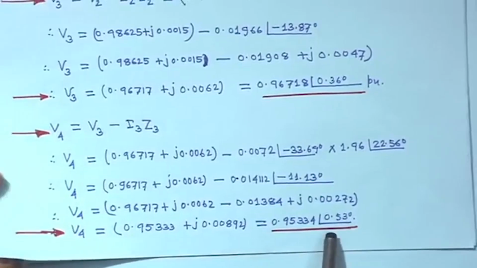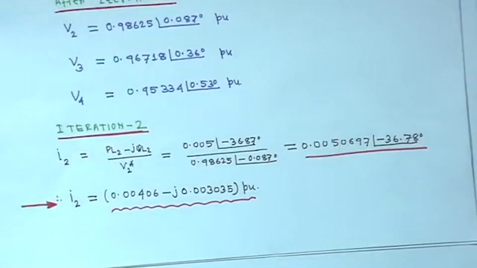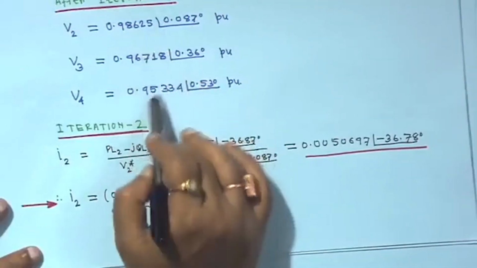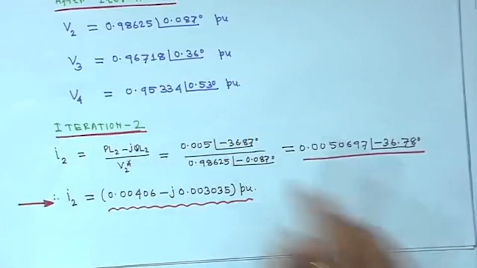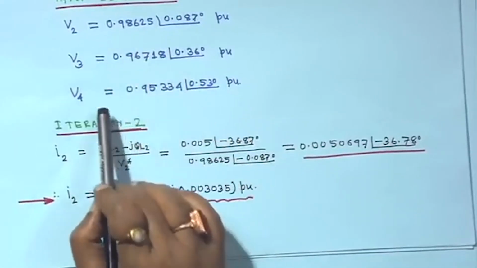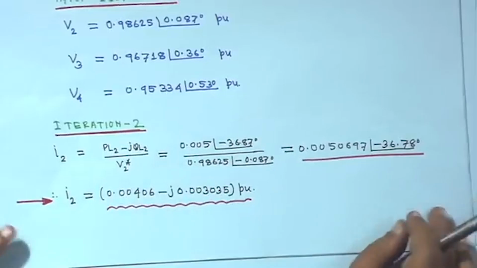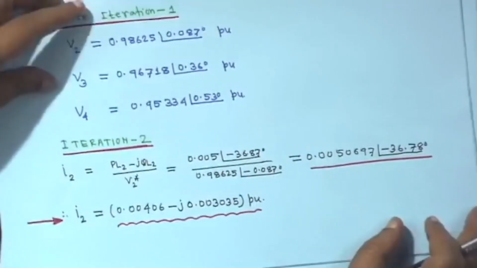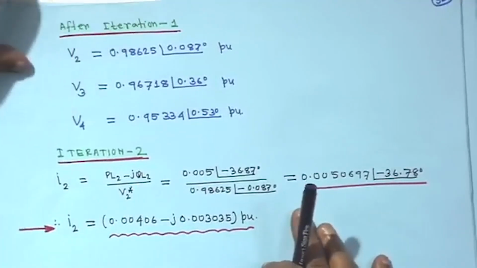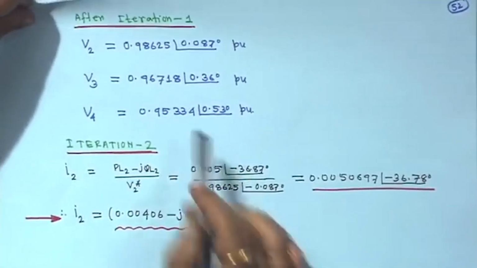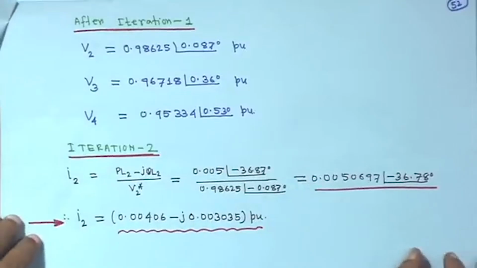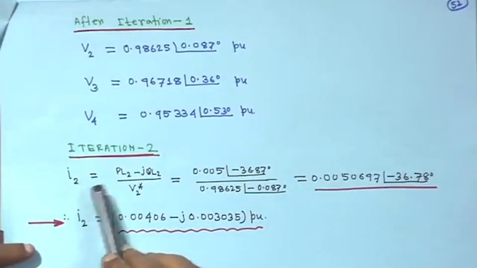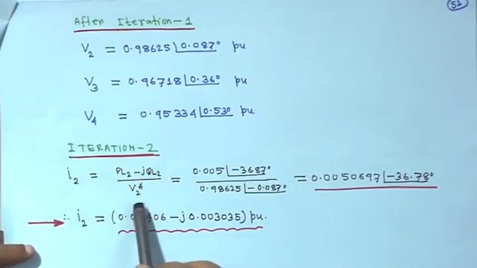So, this is V4 after the first iteration. That means after the first iteration these are our voltages: V2 is this one, V3 is this one and V4 this one. Using these voltages, we will now compute the new value of the load current in the second iteration. Compute I2 is equal to PL2 minus jQL2 upon V2 conjugate.